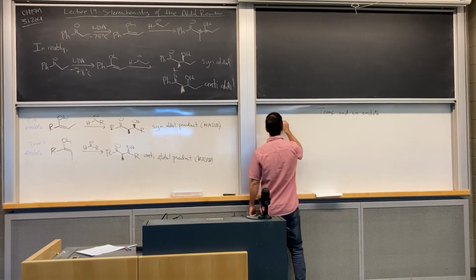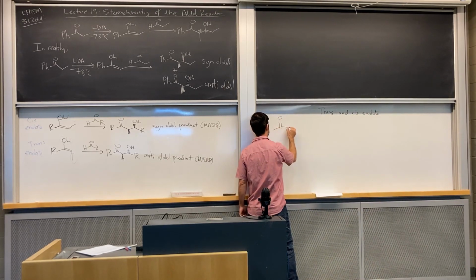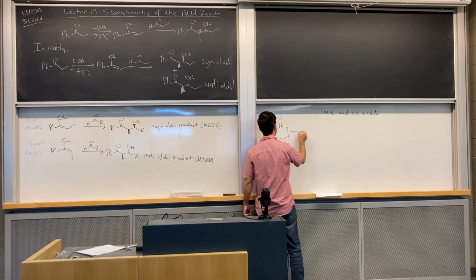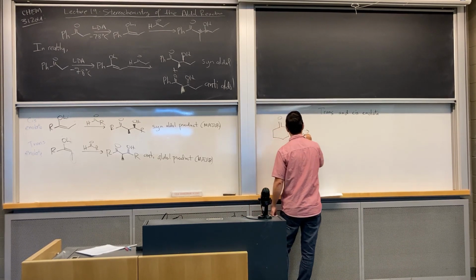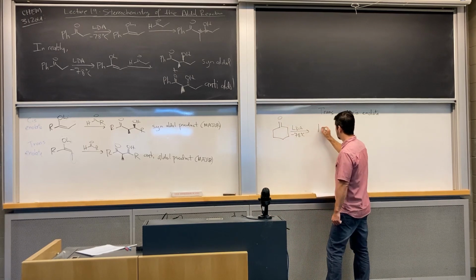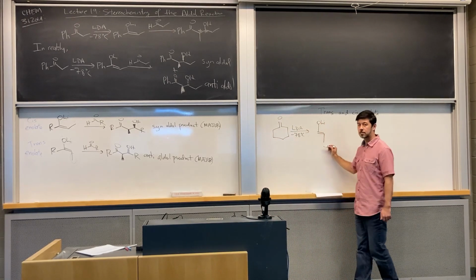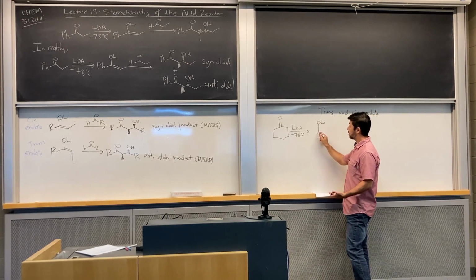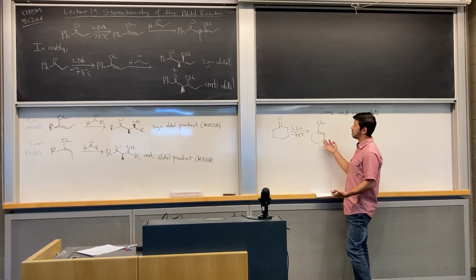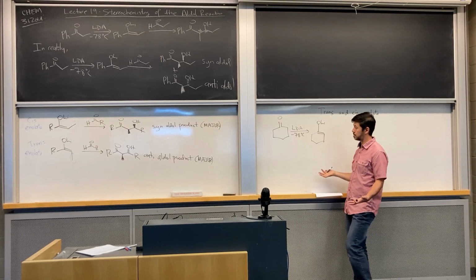If we take cyclohexanone and treat this with LDA, what kind of enolate will we make? Well, we have a 6-membered ring, so the only way that this enolate can form is through the trans orientation.